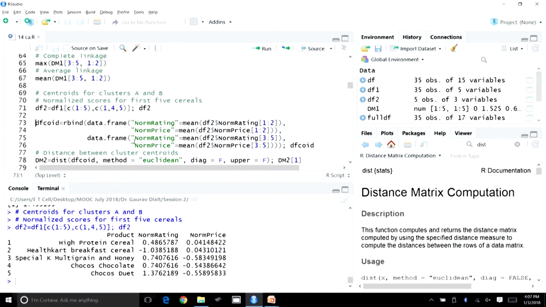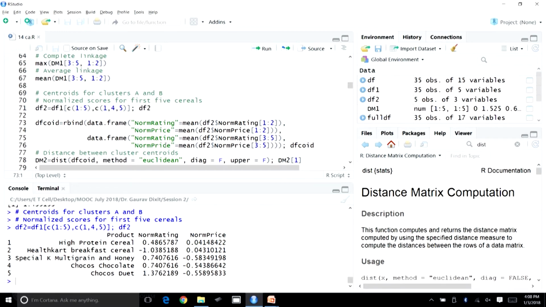Looking at the next centroid, the second centroid, we are considering 3 observations. These are 3 cereals, Special K multigrain and honey, then Choco chocolate and Choco's duet. So, 3 to 5. These 3 rows are being used to compute the average value.